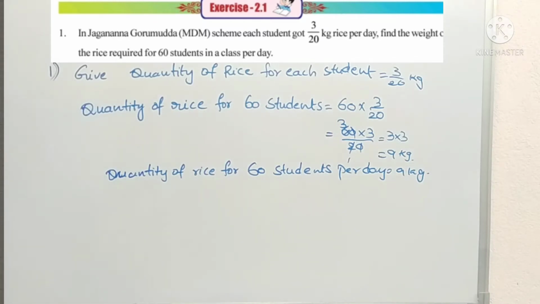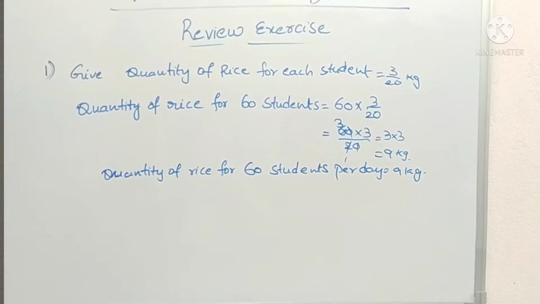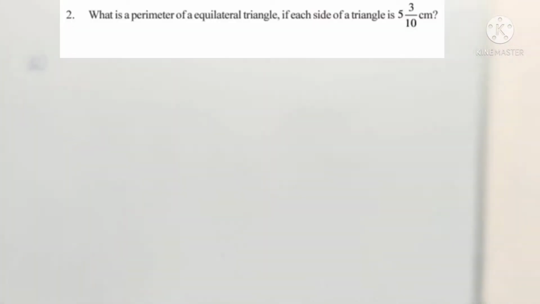Okay. And here in our next problem, our second one: what is the perimeter of an equilateral triangle if each side of the triangle is 5 3 by 10 centimeters?